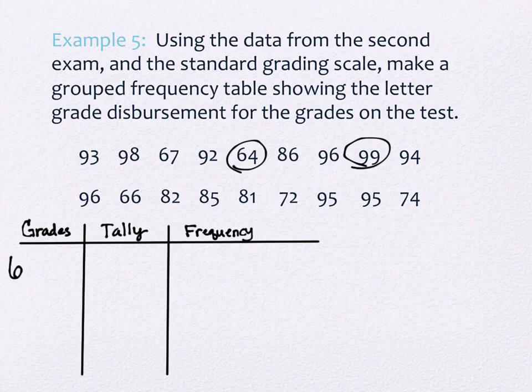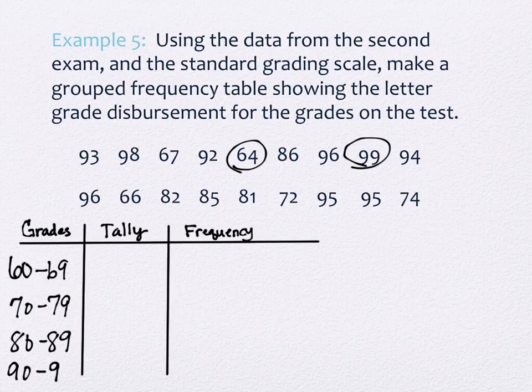So our grades are going to be in these categories of 60 to 69, and 70 to 79, and 80 to 89. And technically, it really should say 90 to 99. They should all be equal in length. We know that we have scores of 100, so if you wrote 90 to 100, it would be okay here. It would make sense. But they really are supposed to be equal widths, right?